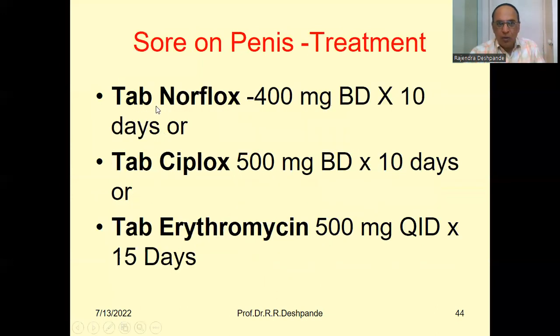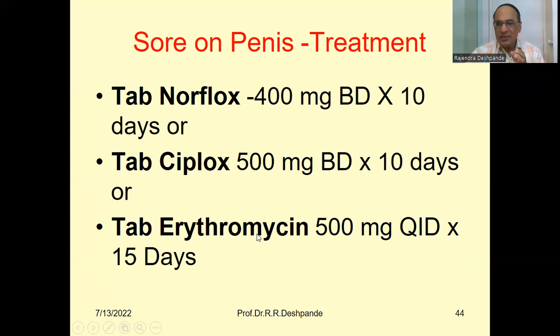Now, for all these ulcer cases you have a common treatment, for example antibiotic tablet norfloxacin 400 milligram 2 times a day for 10 days. For normal infections like urinary tract infections we stop on the 5th or 7th day, but for venereal diseases the treatment should be given for a minimum of 10 days. Then if the patient is not sensitive to Norflox or if you want another trial, then tablet ciprofloxacin 500 milligram BD for 10 days.